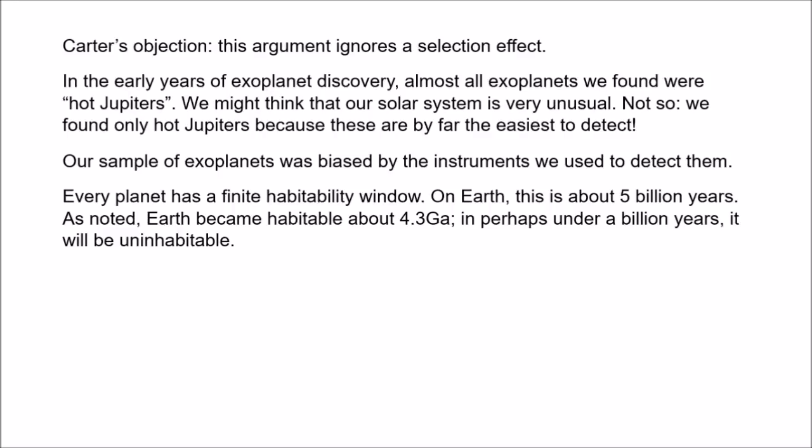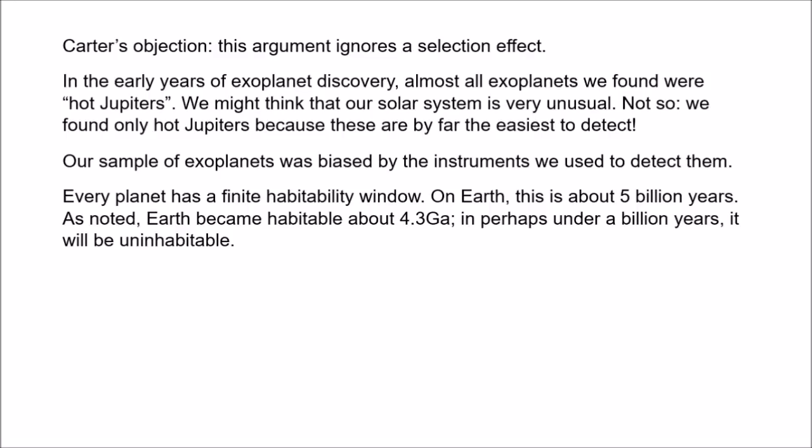Earth became habitable, as I say, around 4.3 billion years ago. Now, due to the increasing luminosity of the sun, complex life will be extinguished in about 800 million years. And all life will be extinguished in about 1 billion years. But certainly we're not going to be able to sustain intelligent life on this planet in about 800 million years.